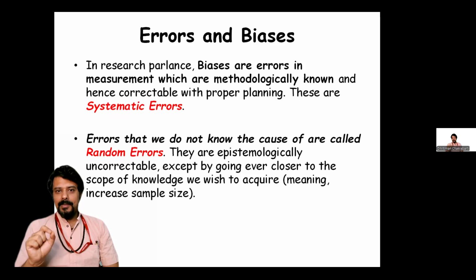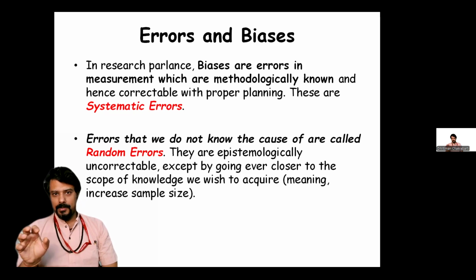So that type of error is called a systematic error or a bias, meaning that the cause of the error or the deviation from the truth is known, and you can correct it by improving your instrumentation or methodology of research or whatever steps you want to take to improve it. Basically, it is known and can be improved upon.